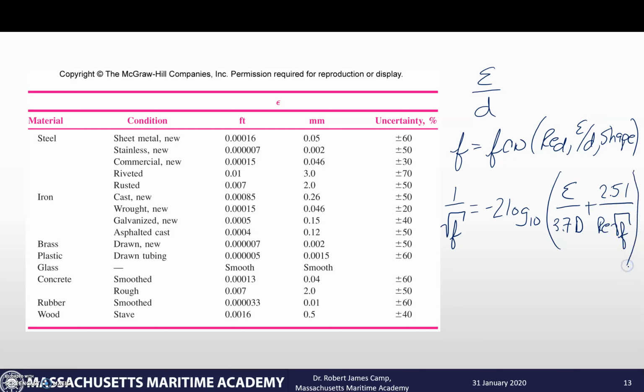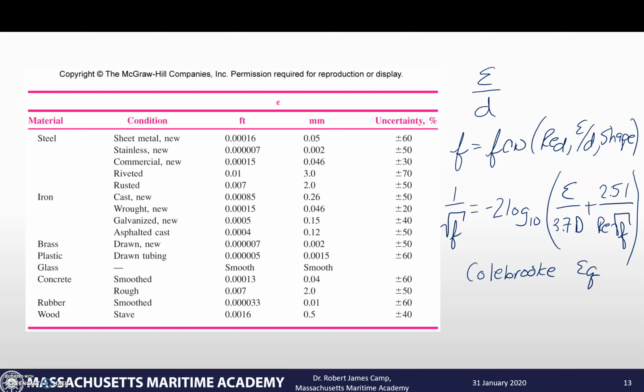This is the Colebrook equation. And actually, there's only one O in Colebrook. The Colebrook equation is how we can calculate Darcy friction factors across any scale, whether it be laminar or turbulent.